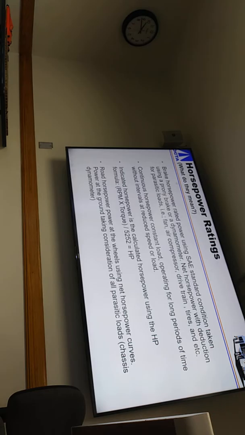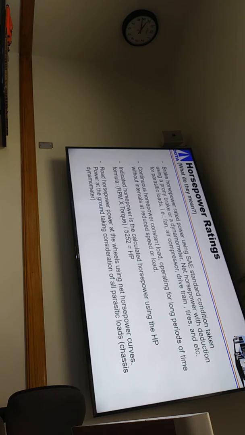It measures the net horsepower with deductions for load. So it's like your paycheck. It's what's left over after everything's taken out. That's the best way I can describe it. So if I've got a net horsepower rating, that means it takes into consideration the loss of power from the alternator being forced to turn, the air conditioning, the power steering, the internal frictional losses from the oil pump, the water pump, everything.